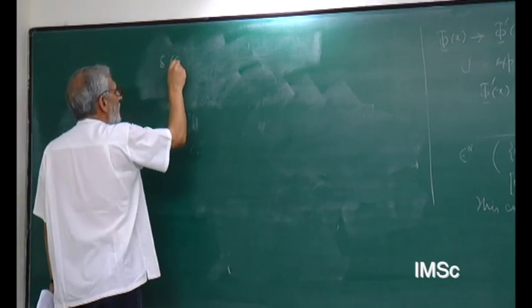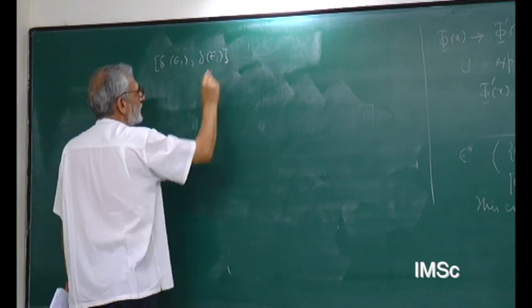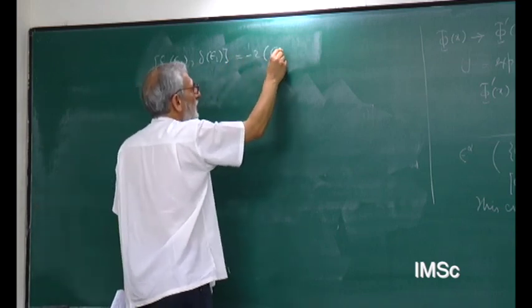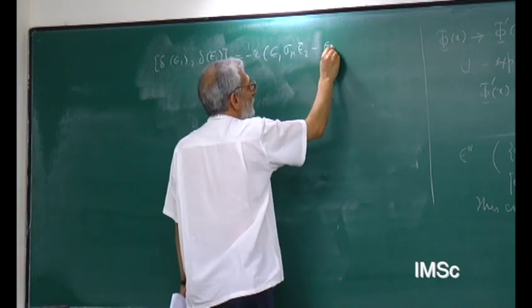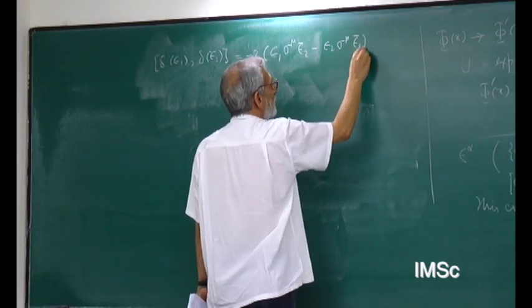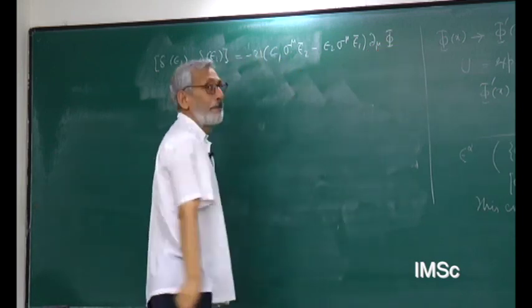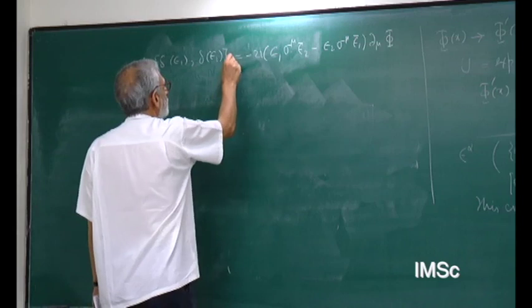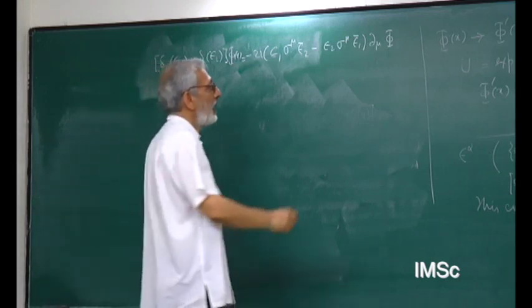It would be realized by transformation by an amount epsilon 1 commutated with transformation by parameter epsilon 2 is minus 2 epsilon 1 sigma mu epsilon 2 bar minus epsilon 2 sigma mu epsilon 1 bar, times an i. This is how it would act on a generic field phi of x.